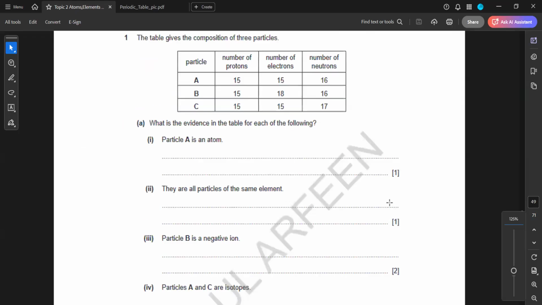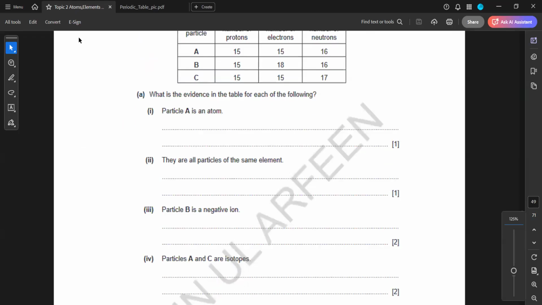Okay. You have three particles listed, particle A, B, C. What is the evidence that particle A is an atom? How do you know it's an atom? An atom does not have a charge. So what is the reason why it's an atom? Because it has an equal number of protons and electrons. Good. I'm writing in short, but you will write the full statement.